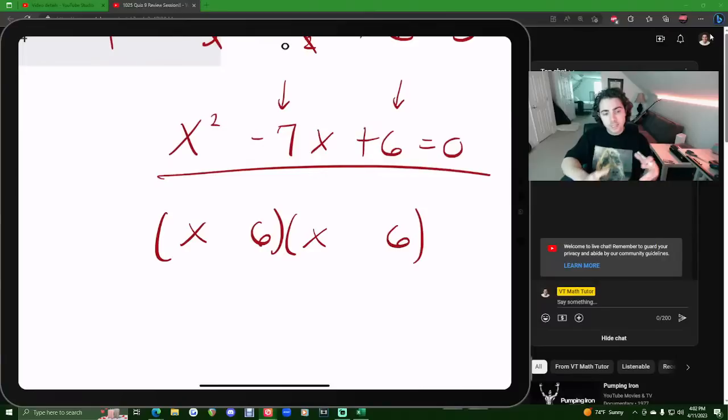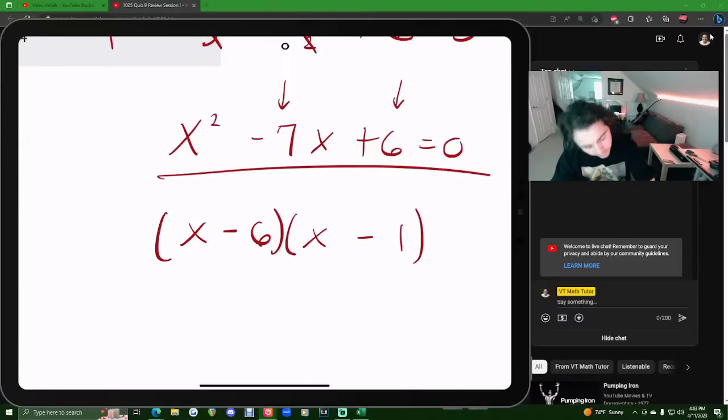Oh, sorry, I meant to do 6 and 1. I'm trying to multitask and write too many things at once. How could 6 and 1 multiply to 6, but add to negative 7? That's only if both of those are negative.